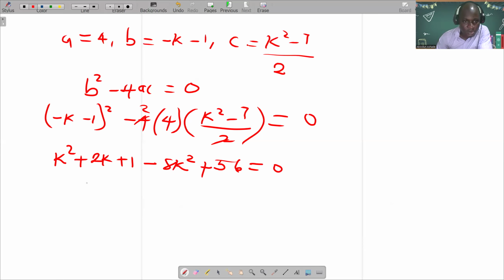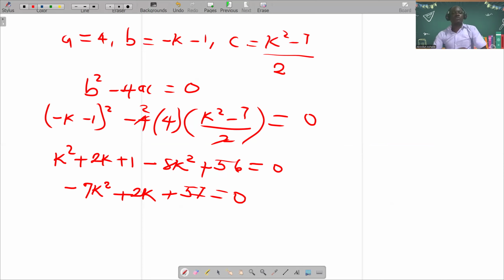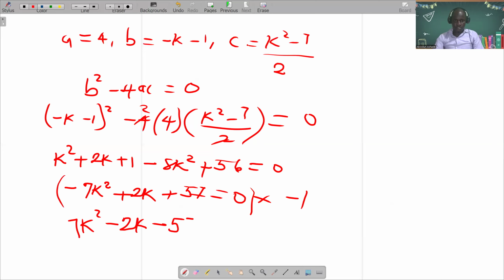So by collecting like terms, we have k squared minus 8k squared becomes minus 7k squared, plus 2k, plus 1 plus 56 becomes plus 57, equals 0. If I want to remove the negative in front of our 7k squared, I multiply everything by minus 1. That becomes 7k squared minus 2k minus 57 equals 0.